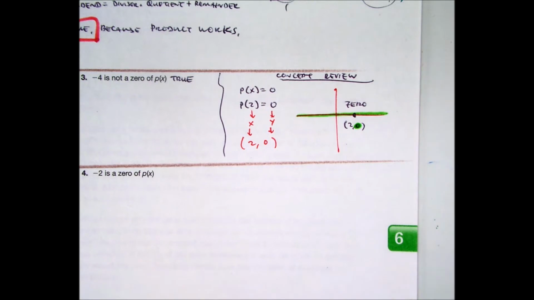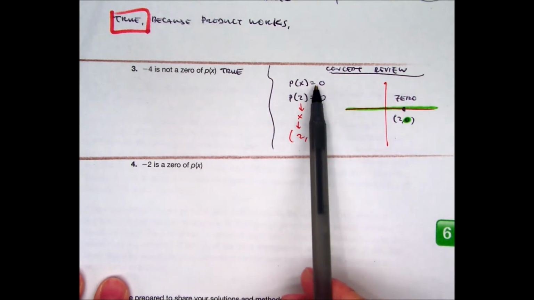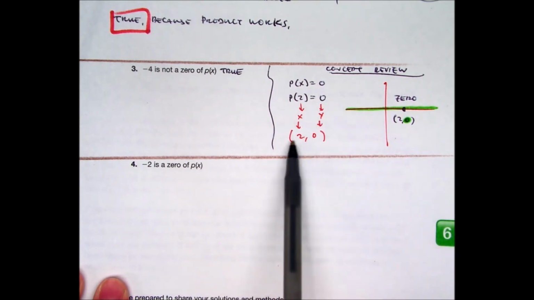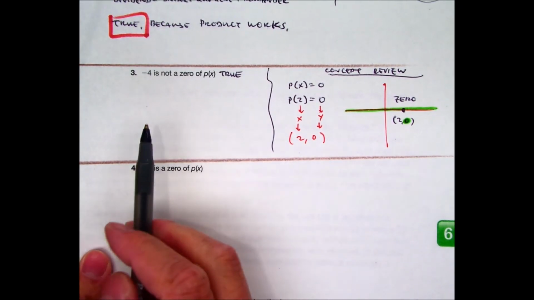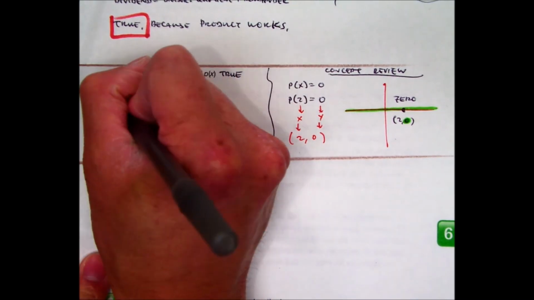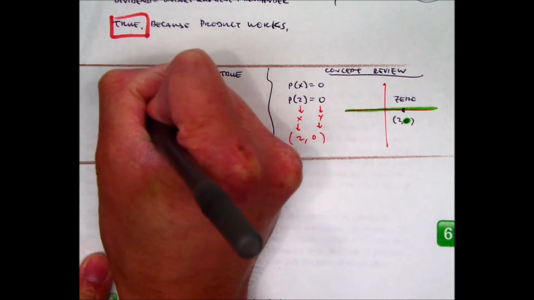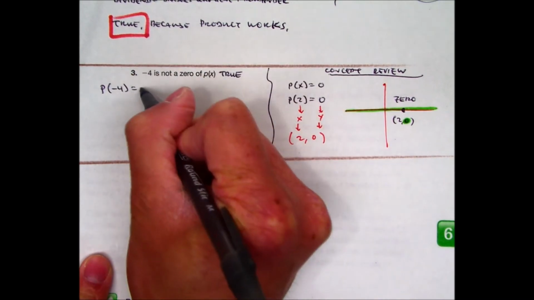So let's look at this problem over here. Everyone say function notation. Function notation is just a fancy way of saying ordered pairs, right? We've been working on that. So in this problem, it's saying P of negative 4 is equal to negative 6.